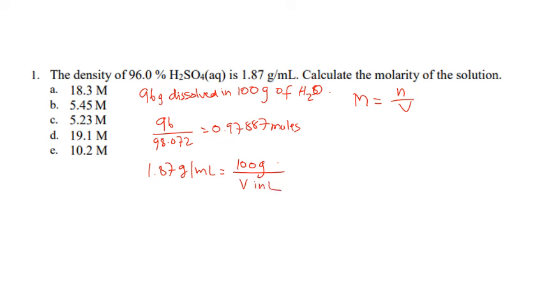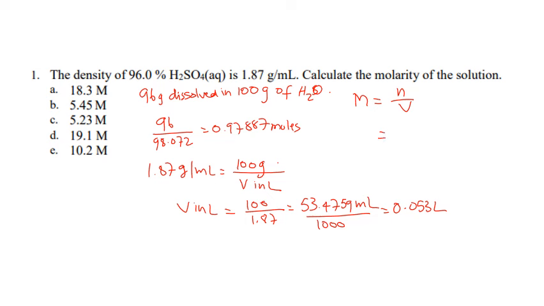So rearrange that: 100 divided by 1.87 equals 53.4759, right? And that is in milliliters. To convert it into liters, we have to divide by 1,000. That equals 0.053 liters.